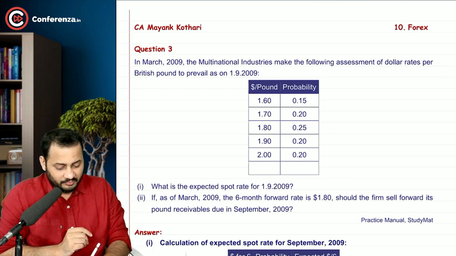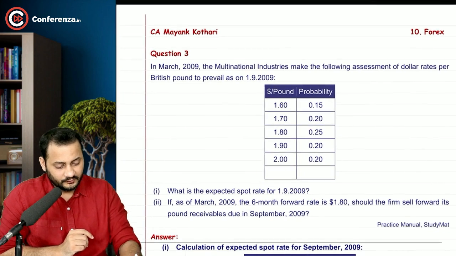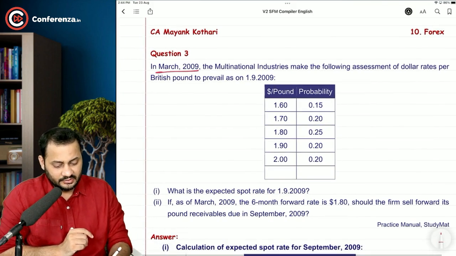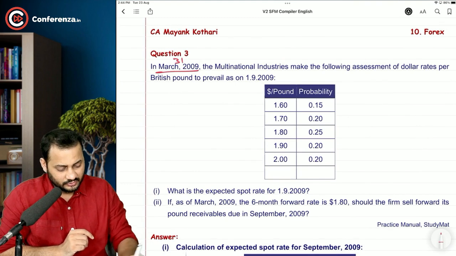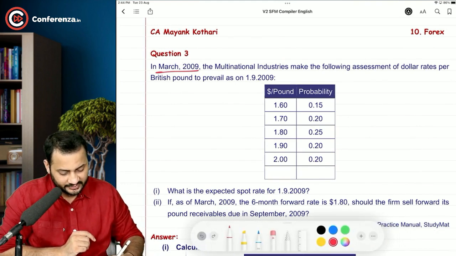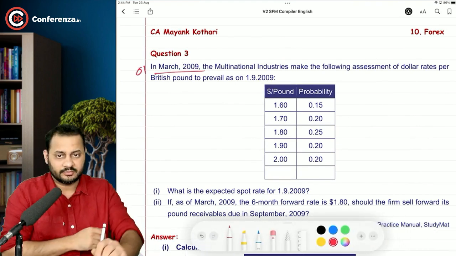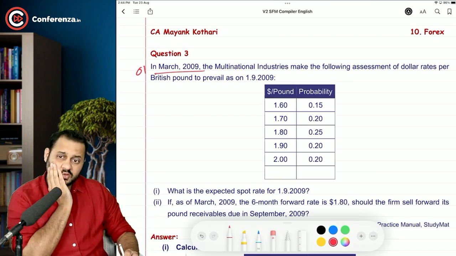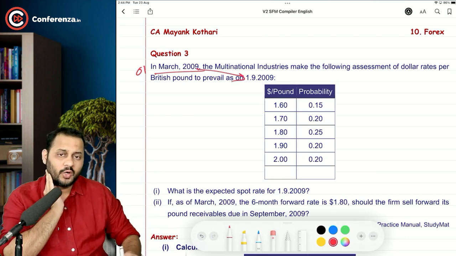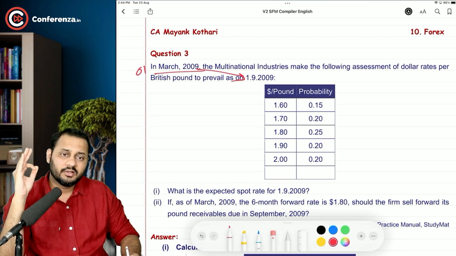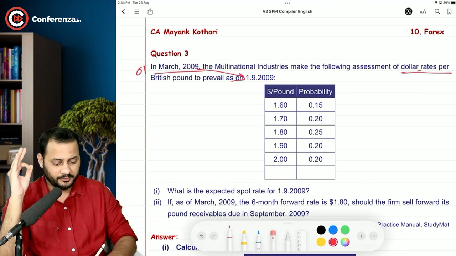See, in March 2009, they estimated that, let's say it is 31st March. No, it's 1st March. So we'll take 6 months. This is 1st March 2009. So 6 months from now, what will be the dollar rates per pound?